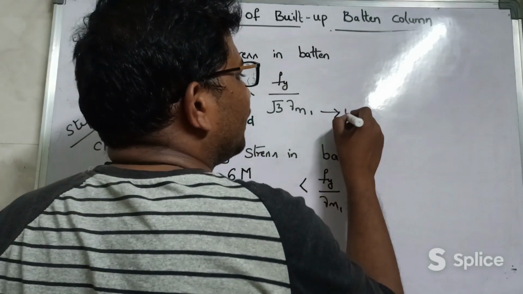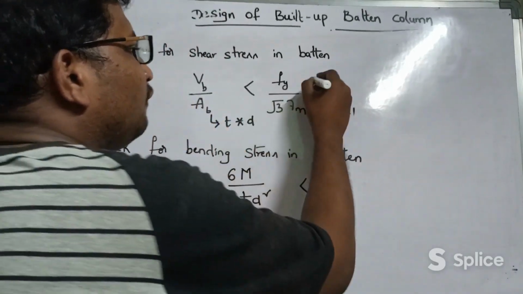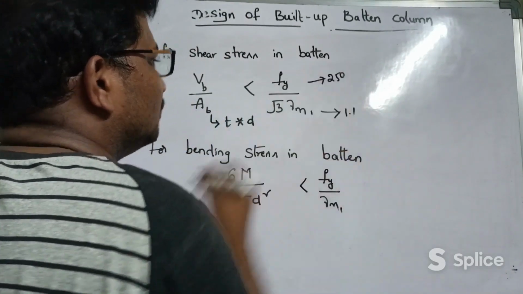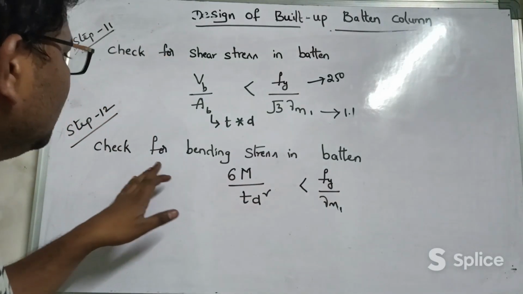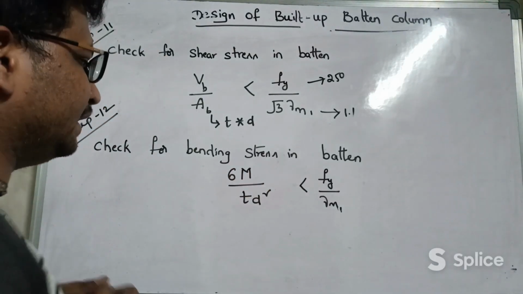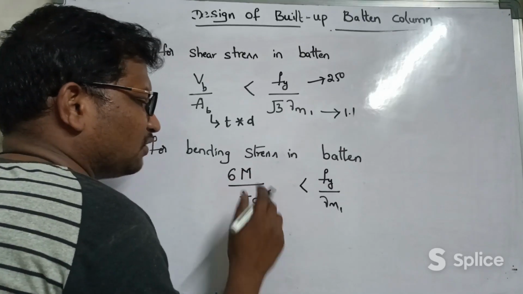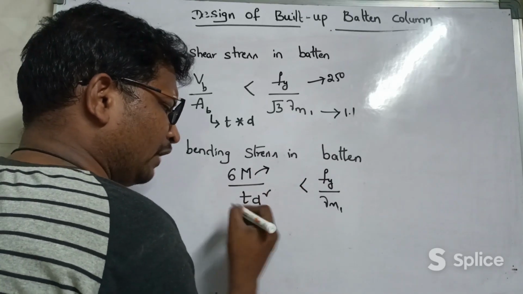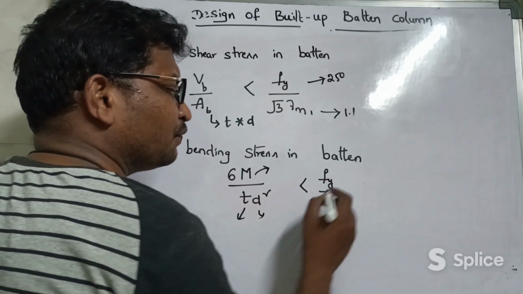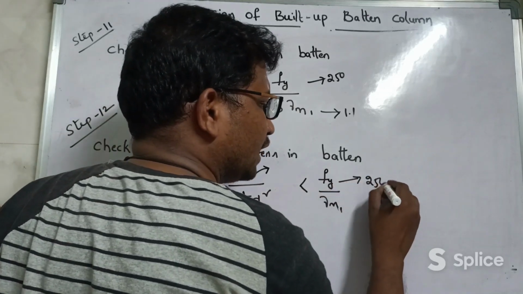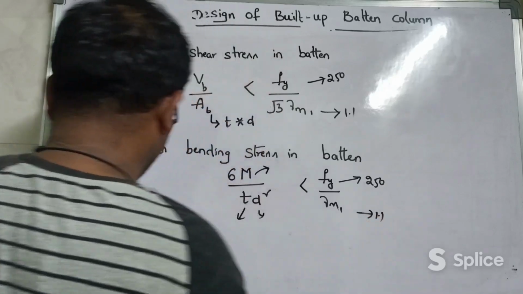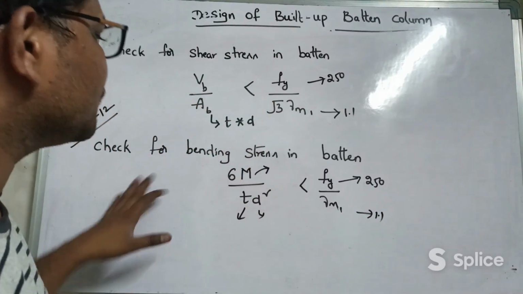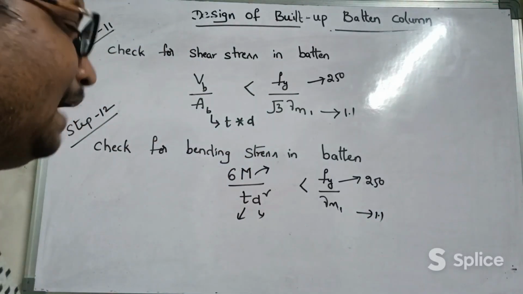Gamma m1 will be 1.1, right? Fy will be 250. Next, check for bending stress in batten. 6M by TD square. Already we computed M value. We know D value, we know thickness value, and Fy is 250, gamma m1 is 1.1. Okay, these are the checks for stresses in the batten.